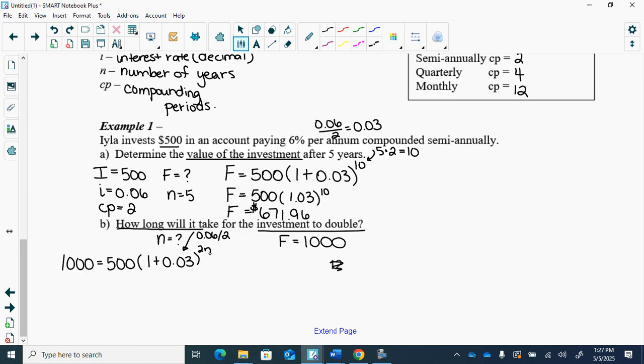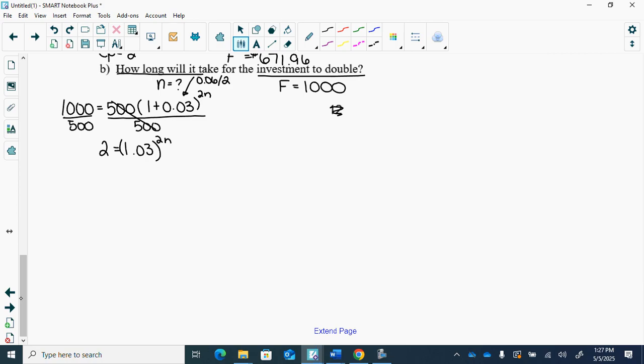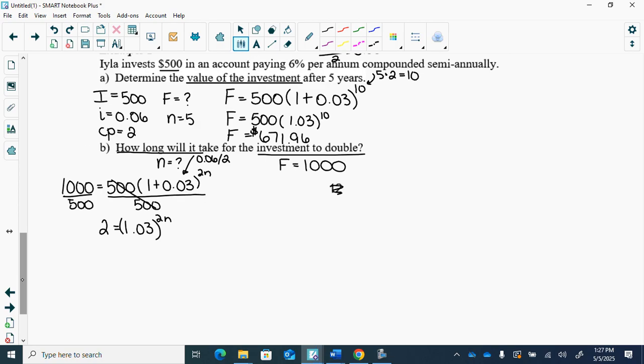Okay. When we have initial and final, our first step is always to divide that initial over. So we get 2 equals 1.03 to the 2n. Now this one I can't make a common base, because I don't know how to make 2 be base 1.03. So what can I do?